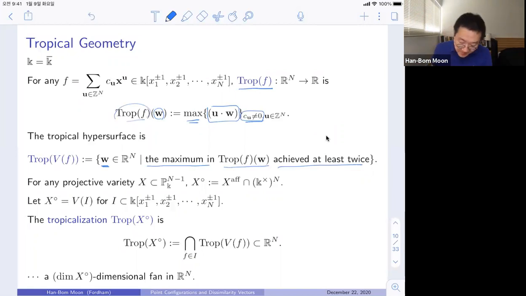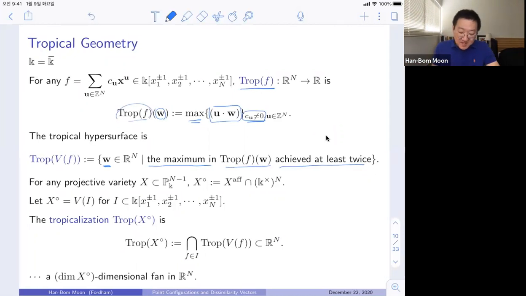Then we can define the tropical variety in this way. Let's take any projective variety X in P^(n-1). First of all, we take the affine cone of X, which is in k^n. We take the intersection with the torus (k*)^n, so this is a variety in a torus.